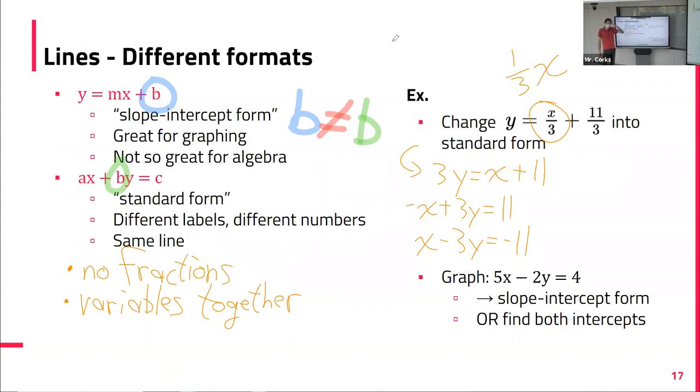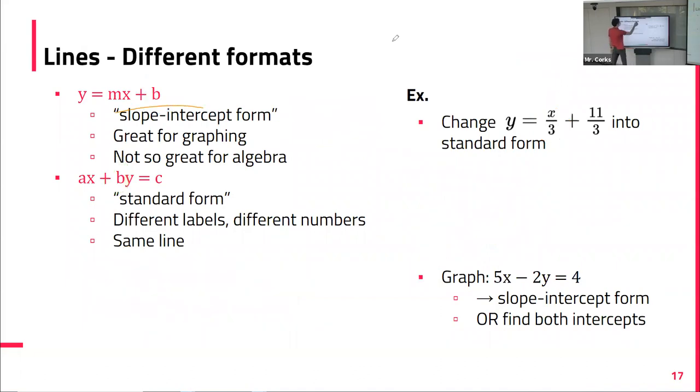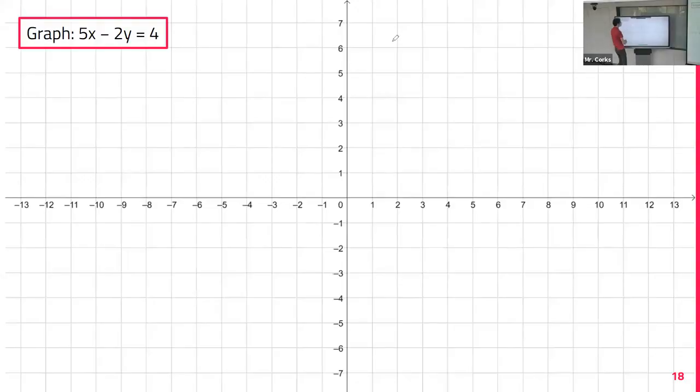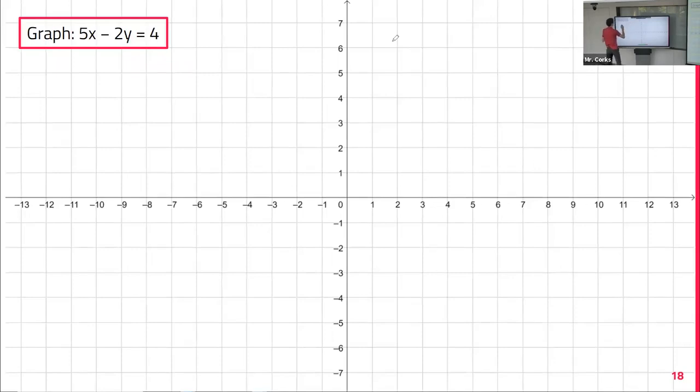That's 2 points. We can draw the line from that as well quite quickly. So we'll look at both of those. Okay, so first we'll do switching this into slope-intercept form. So what would we get? What's the first part? Go ahead.